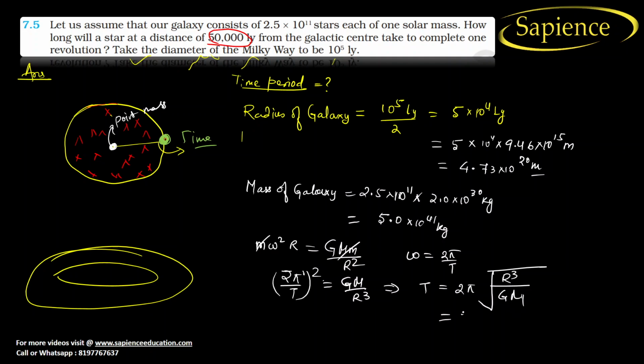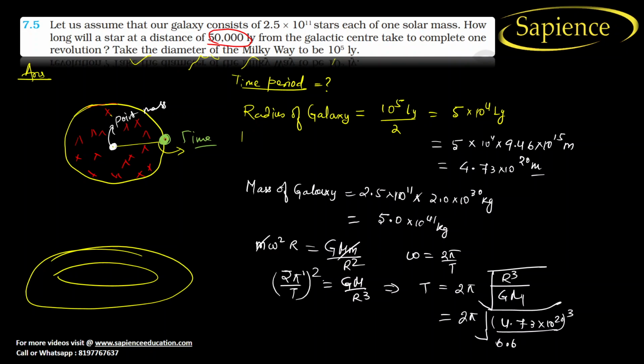If we put in the values, r³, the radius of the galaxy, is (4.73 × 10^20) cubed, divided by G. What is the value of G?